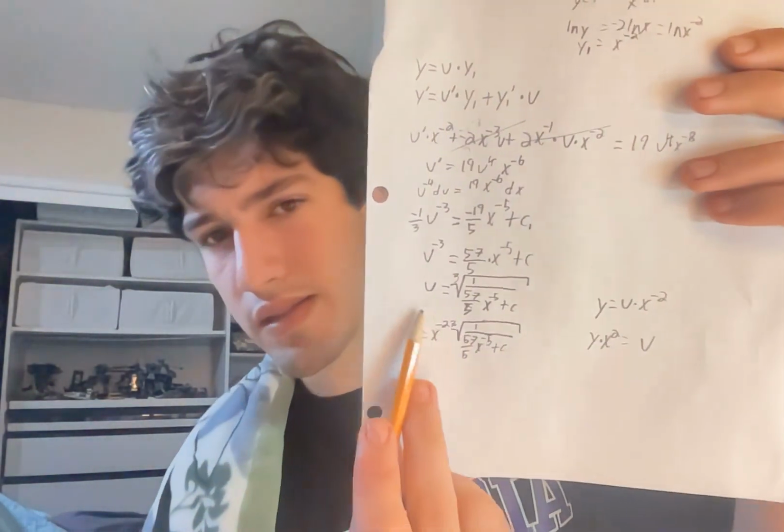So we're left with y is equal to x to the negative 2 times that cube root of 1 over 57 over 5 x to the negative 5 plus c. Right? And that's a square and then a cube root.